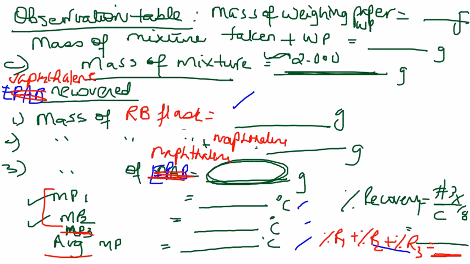So in your conclusion, you're going to say that the 3 components were isolated or not, as the case may be, and then you will talk about the melting point and hence the purity, as to how successful it was, and also talk about the percentage recovery.